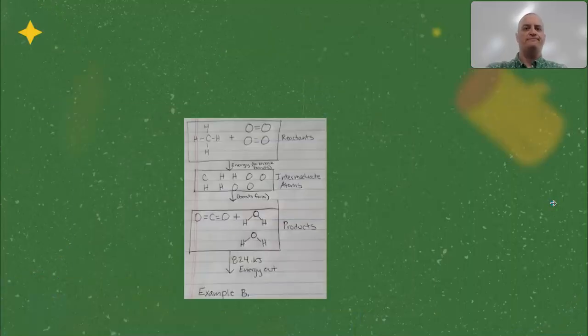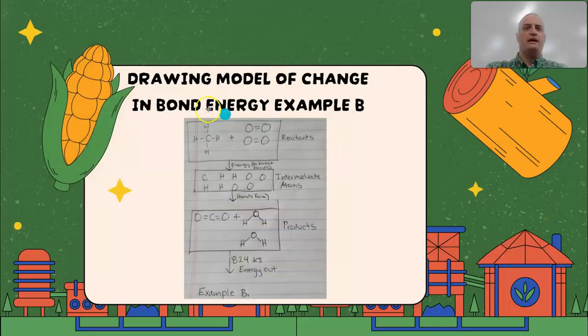Another example is looking at the bonds themselves. We have our original Lewis structures as reactants. Energy is needed to break the bonds, so now we have intermediate atoms, if we consider all the atoms by themselves, no longer in molecule form, making our new products and their new bonds.